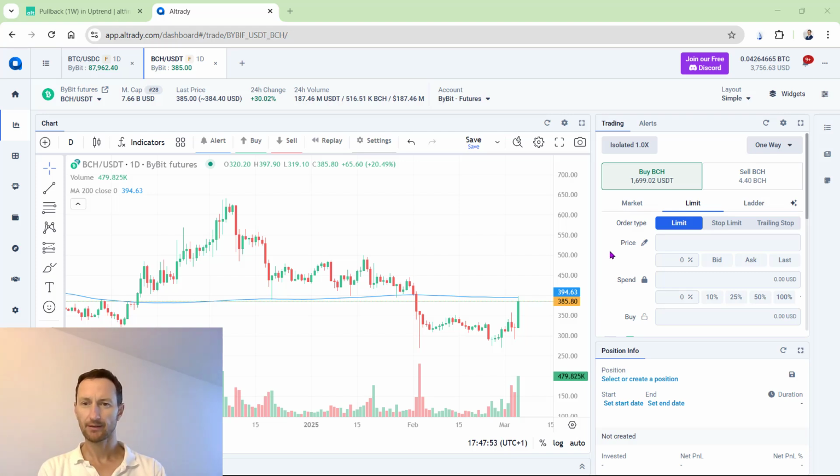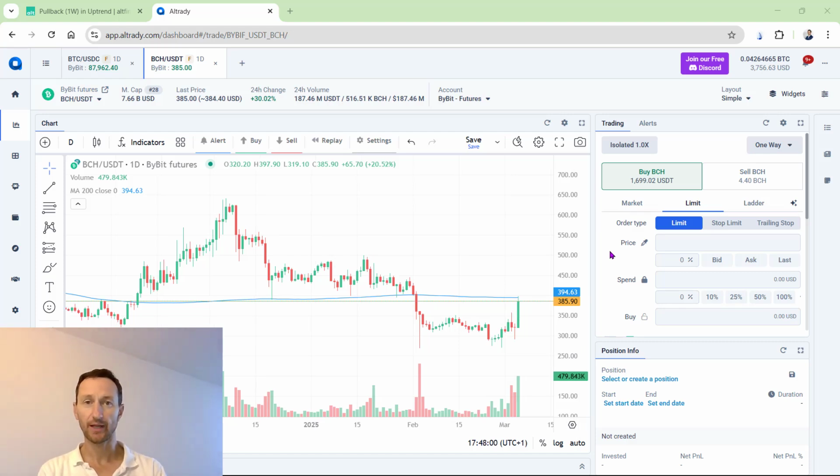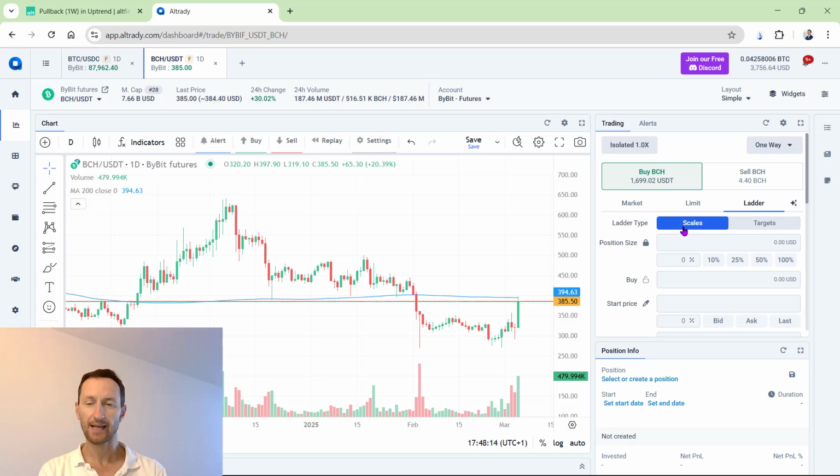Now, what I like about the Altrady tool is that it gives me a lot of flexibility, a lot of options on my trade entry and trade exit. In addition to the market, limit and stop loss orders, the standard stuff, they also have this ladder option, which allows me to scale in and scale out of my positions.